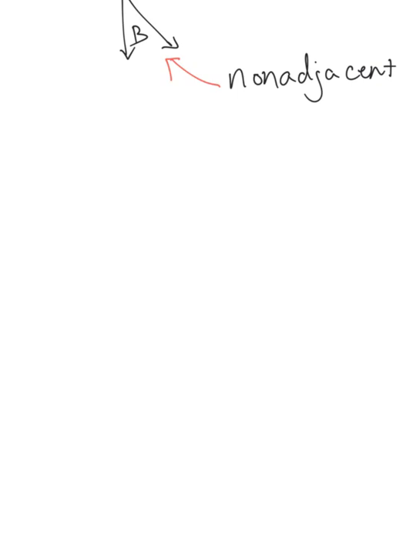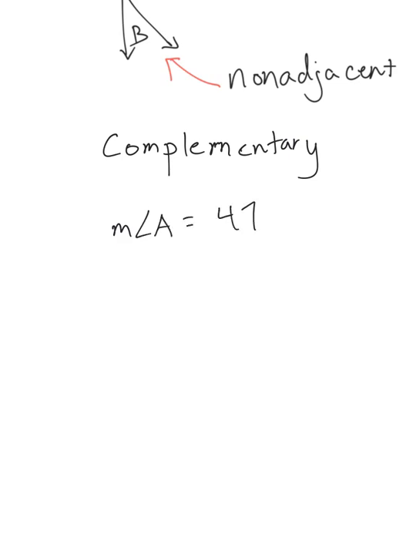Let's say we have two sets of complementary angles, and one of them is 47 degrees. Say measure of angle A equals 47 degrees.